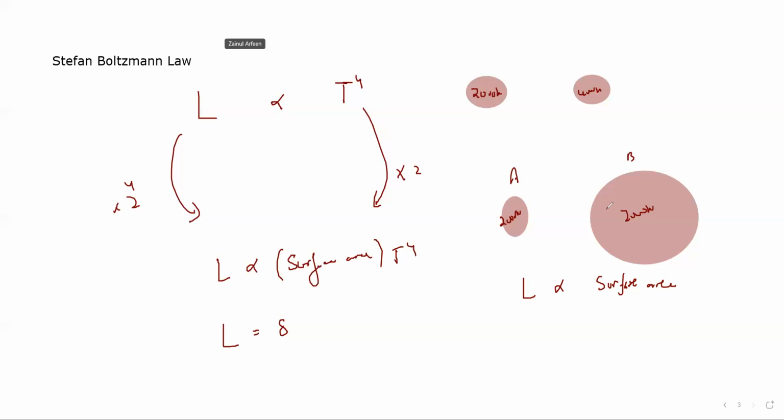How do we find the surface area? Because these stars are spheres, what is the area of a sphere? The surface area is 4 pi r squared. So sigma, a Greek letter, is the Stefan-Boltzmann constant. L = sigma × 4 pi r squared × T to the power 4.